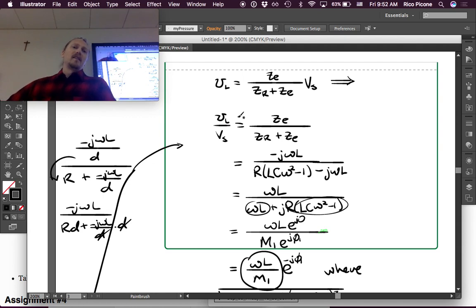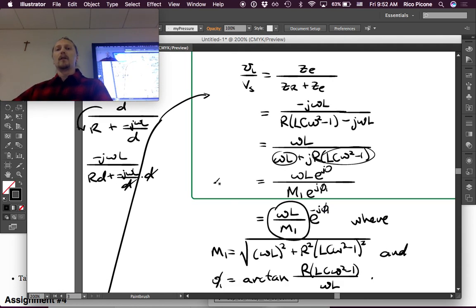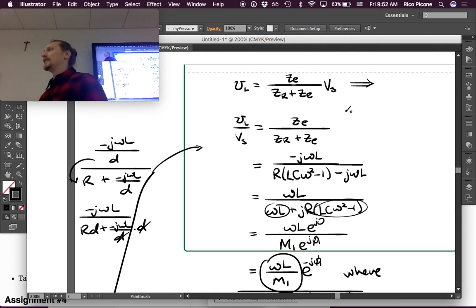But the nuance to this problem was that instead of solving for VL, you're solving for the amplitude ratio and the phase difference. The only difference from our usual solution method was that we had to divide the VS over, which actually made it easier.